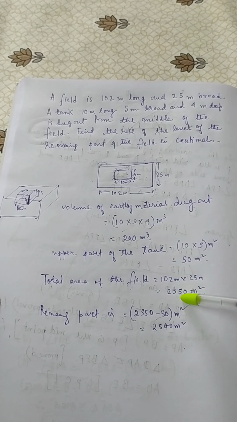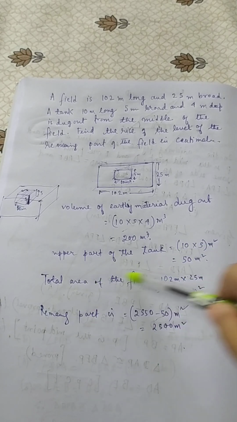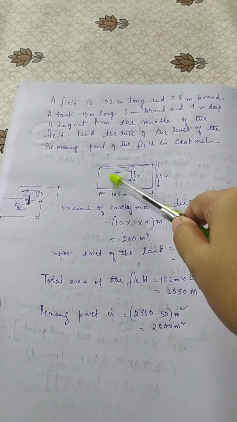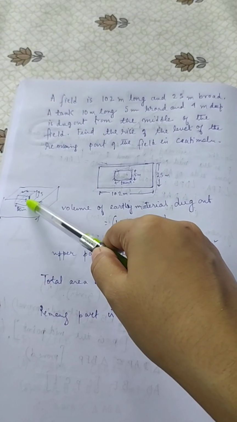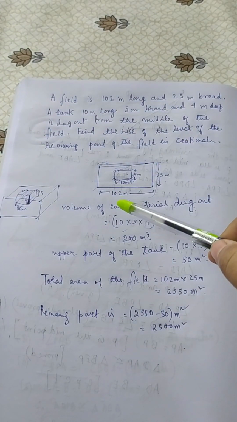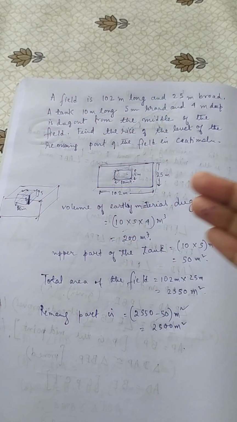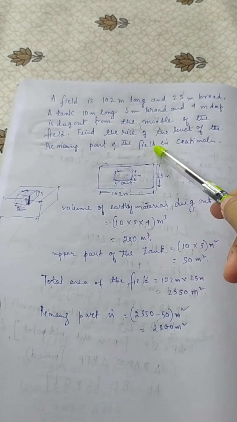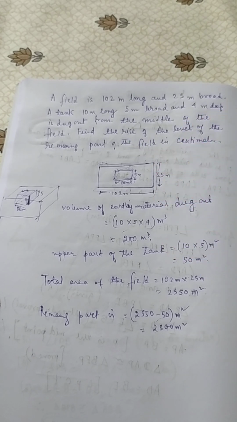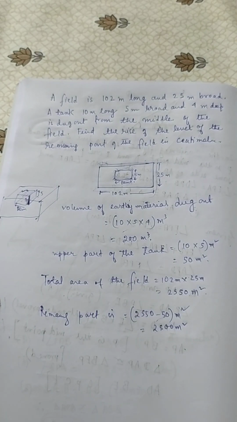So if we subtract this amount of the upper part of the tank from the total area, we will find only this much remaining area, but the height is still not calculated. So to find out the height which will rise, as is given here, find the rise of the level of the remaining part. Once you dug a total thing from a field, obviously some amount has risen in level.